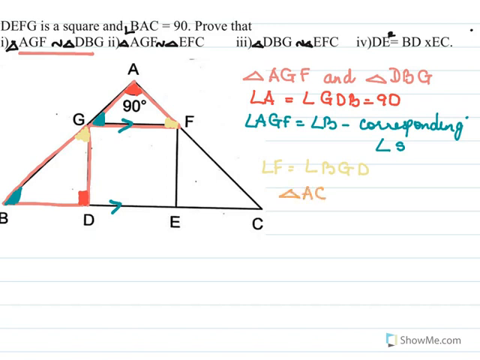So triangle AGF is similar to triangle DGB by the AAA test. See, we have A, one angle, AA. By the AAA test, the triangles are similar. This is equation 1.